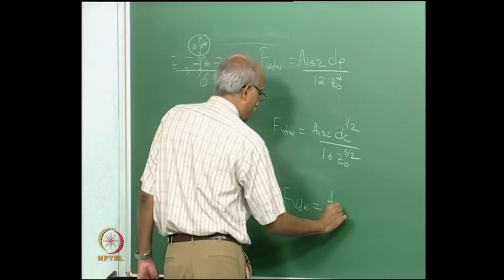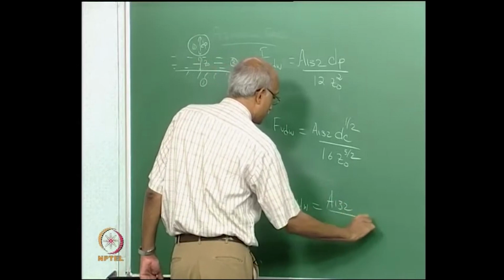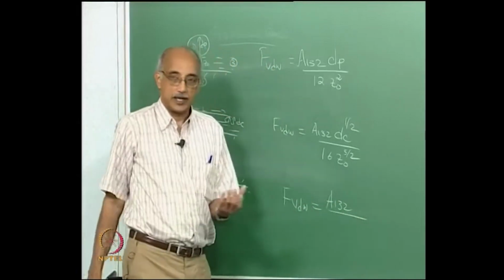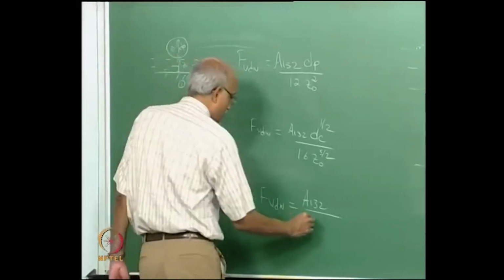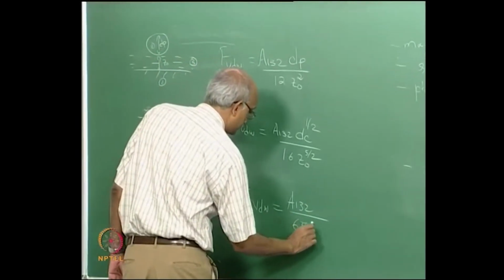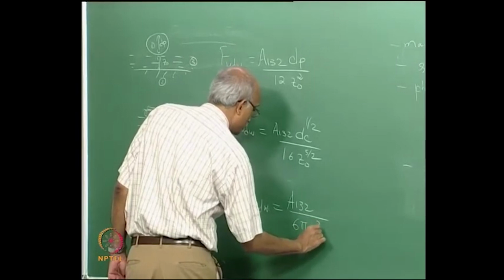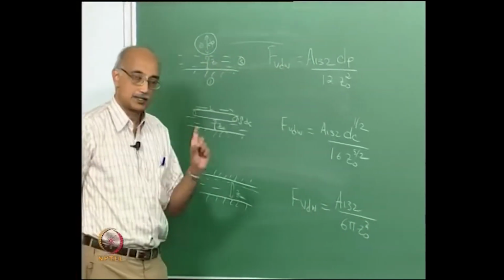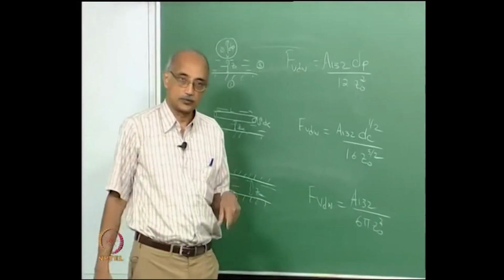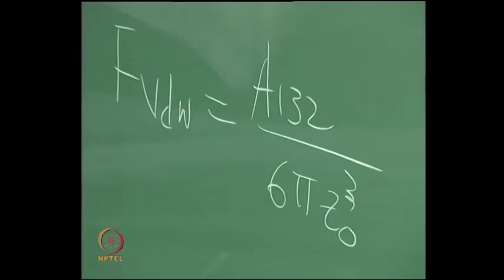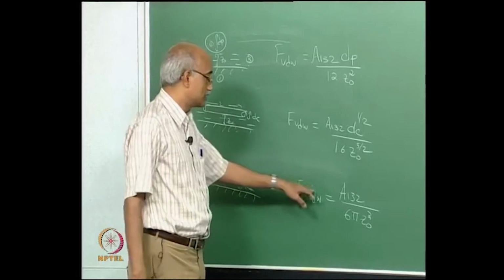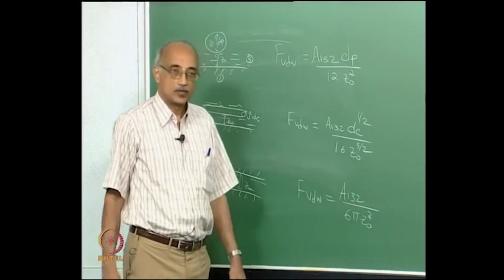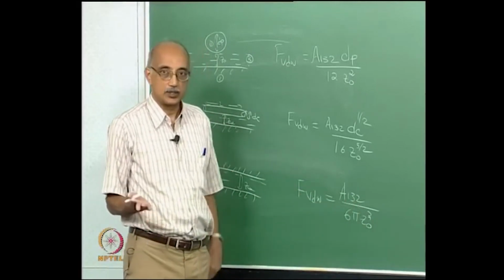It is again A132, of course there is no characteristic diameter now, it is just two planar surfaces. In the denominator you have 6 pi z0 cubed, where z0 is again the separation distance between the two surfaces. If you compare these three equations, the only thing common to all of them is the linear relationship between adhesion force and the Hamaker constant.